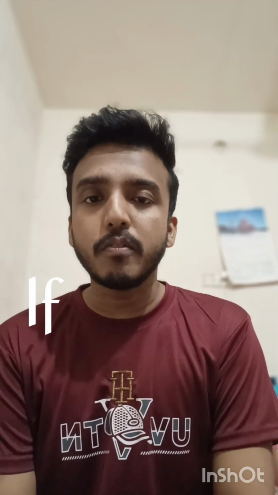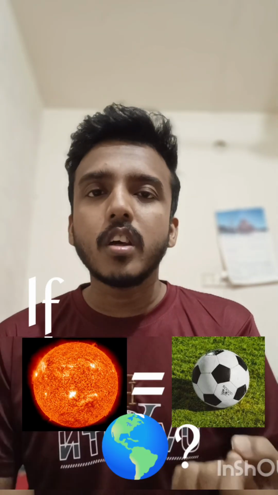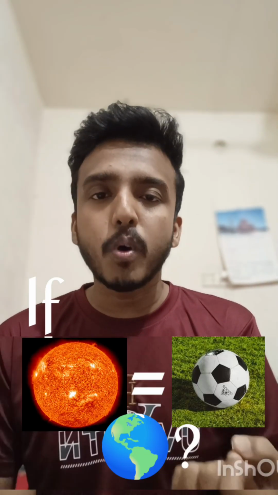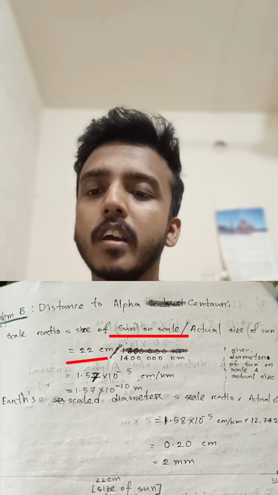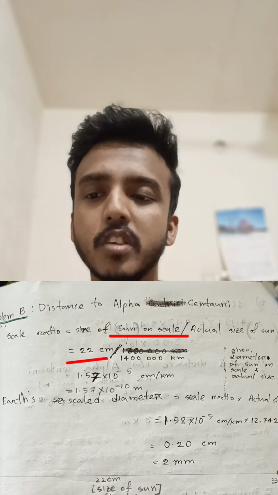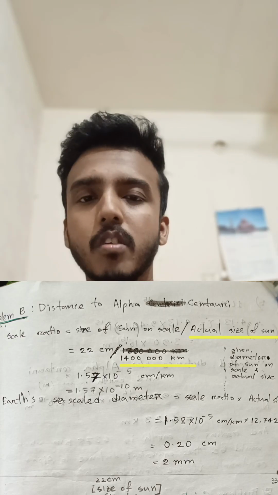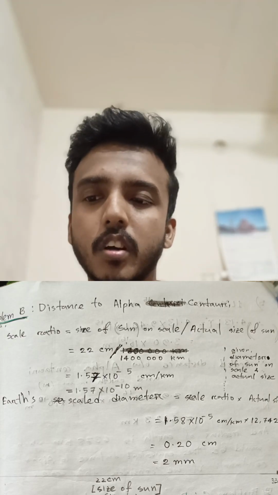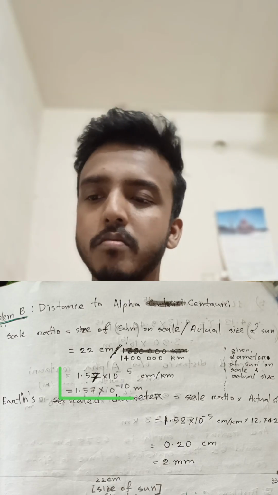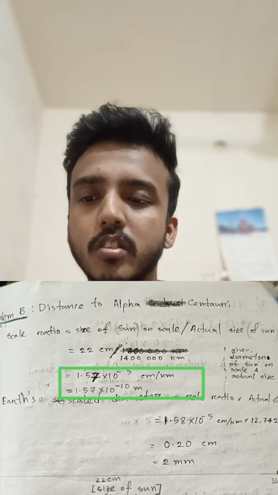So going back to our problem, if we consider the size of the Sun to be the size of a football, which is around 22 centimeters, then to find the scale ratio, we divide 22 centimeters by the actual size of the Sun, which is around this many kilometers, as you can see on the screen. Calculating this, we got this answer in centimeters per kilometer.